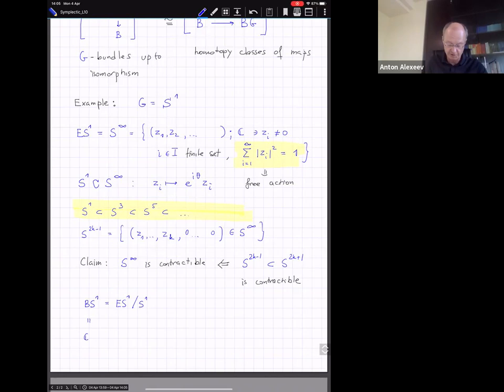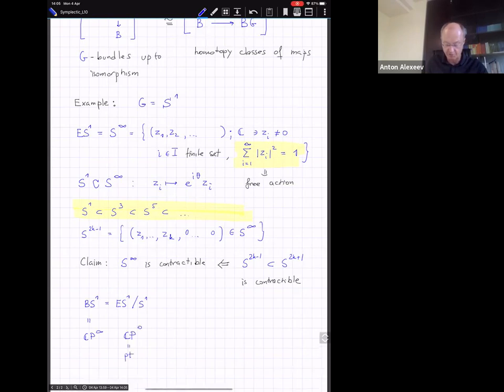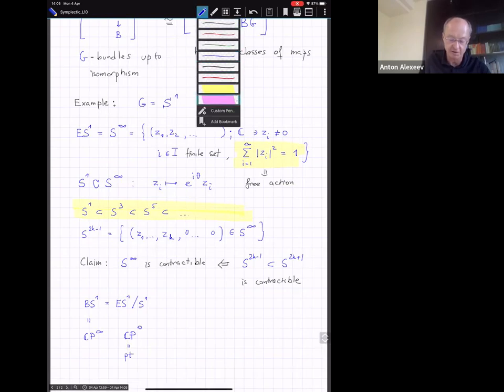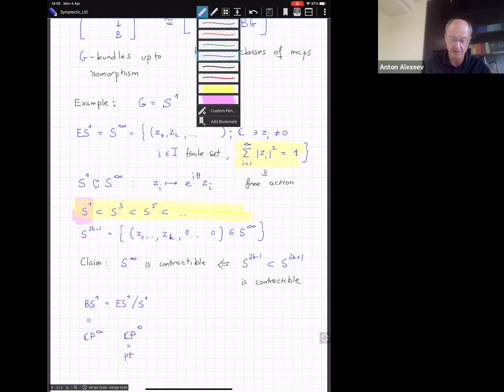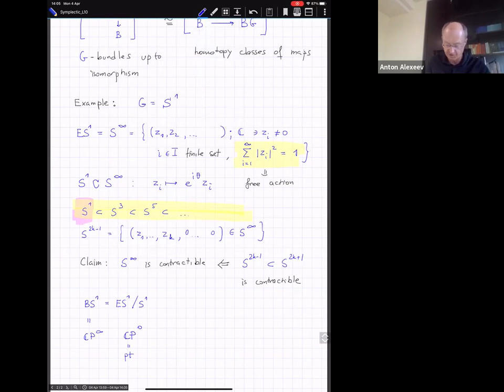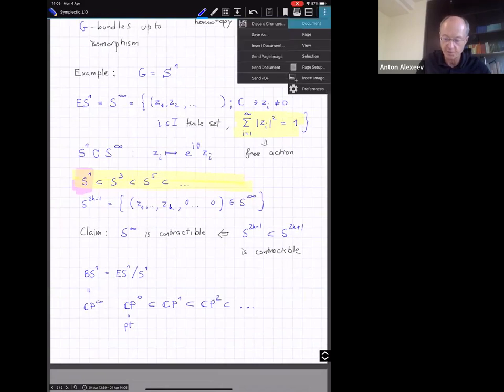And so this is called CP infinity. The corresponding sequence is CP0, which is a point, when I quotient this S1 by the S1 action, and it is sitting inside CP1, which is sitting inside CP2, and so on.